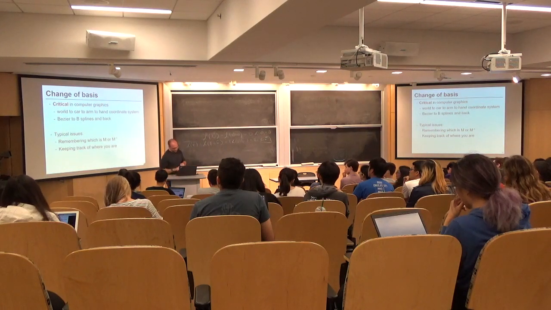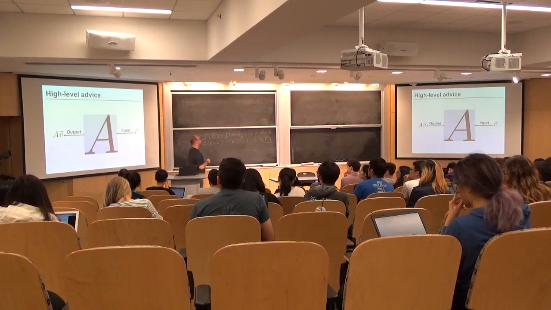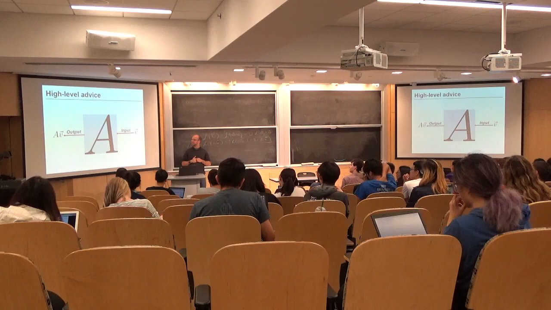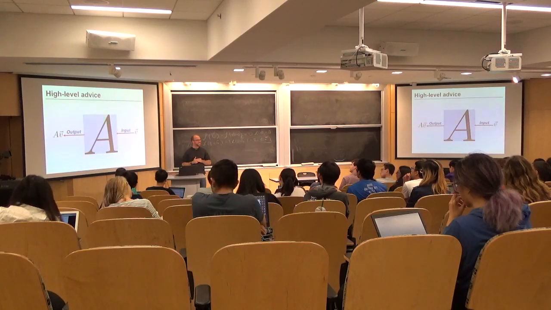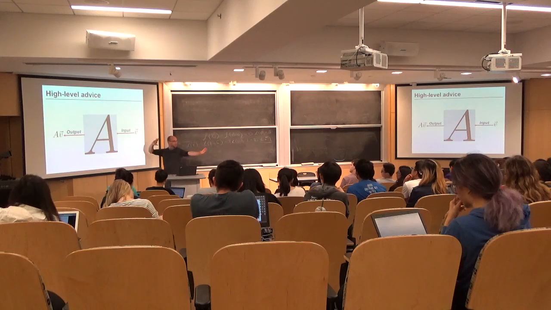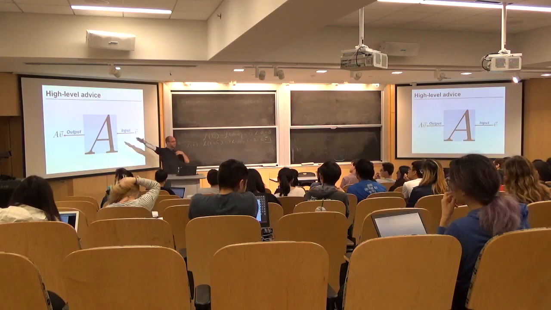So my high-level advice for how to get it right is to think of a matrix as a thing that takes in a vector and outputs another vector. When you read expressions that are big products of lots of matrices, which we're about to do, you should read them from right to left.